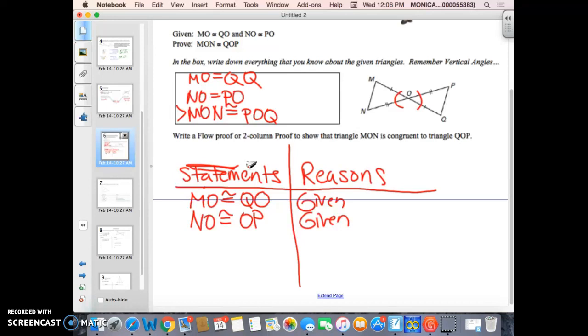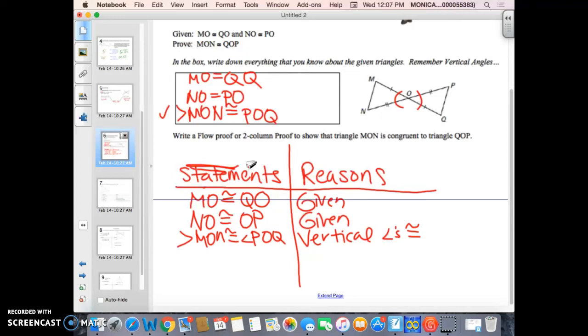And then the next piece of information is that angle MON is congruent to angle POQ. Those are vertical angles. You'll see this one a lot. Vertical angles are congruent is the shorthand way of saying it.